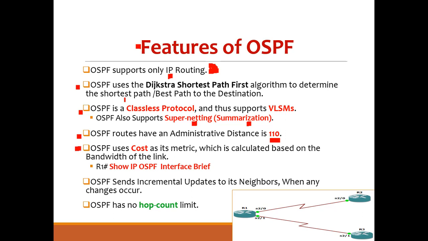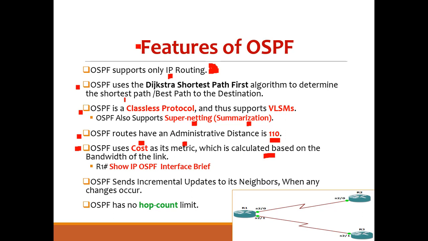As RIP uses hops for its best path calculation, EIGRP uses bandwidth and delay for the best path calculation. OSPF uses cost as its metric for best path calculation.